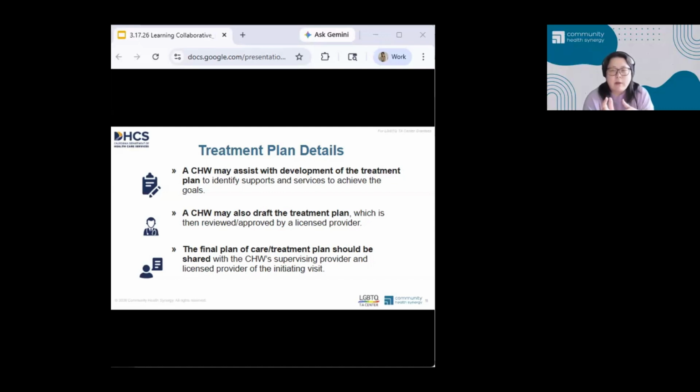So the care plan development process can ideally be led by the CHW, or they can assist with developing the care plan to identify supports and services. They can also draft the plan, which is then reviewed and approved by the licensed provider. The final version of this care plan should be shared with the supervising provider, your organization, and the licensed provider at the initiating visit.